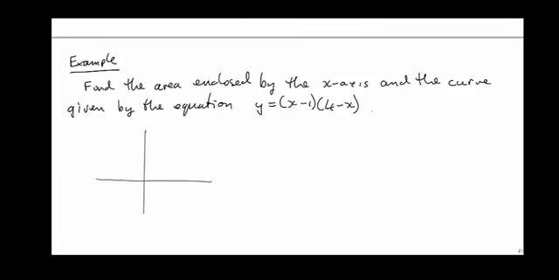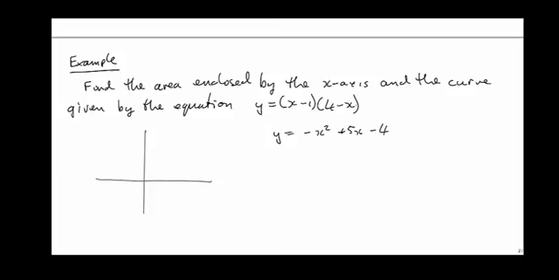We'll expand the brackets, so we have y equals minus x squared, we have 4x plus x, which gives 5x, and we have minus 1 times 4, which is minus 4. This tells us it's a quadratic. The coefficient of x squared is negative, and so it has a maximum.